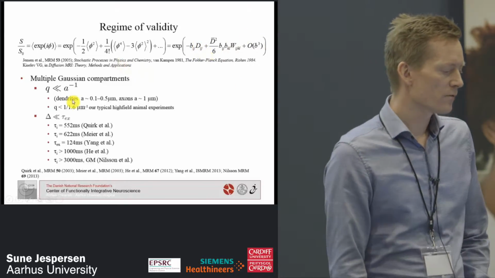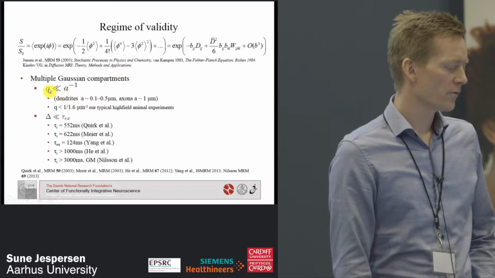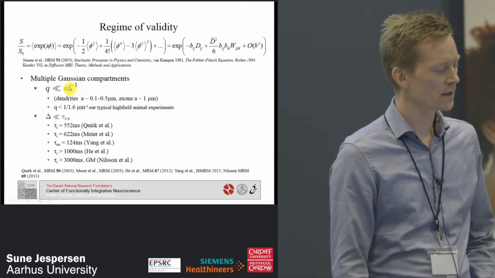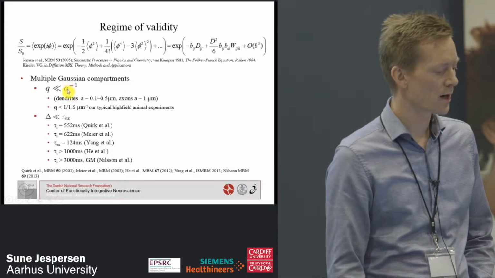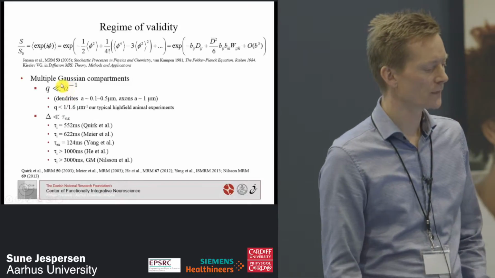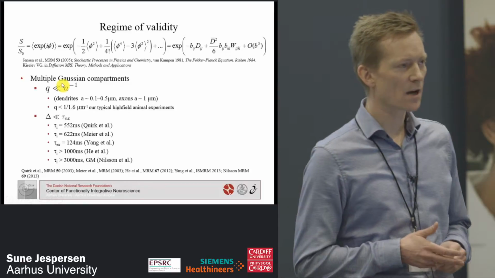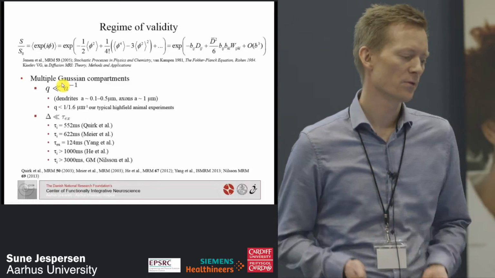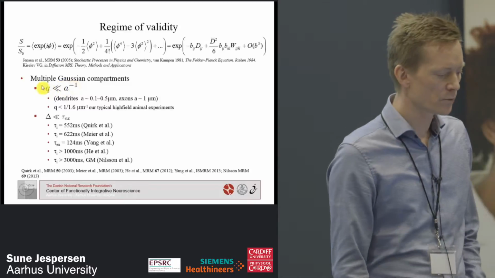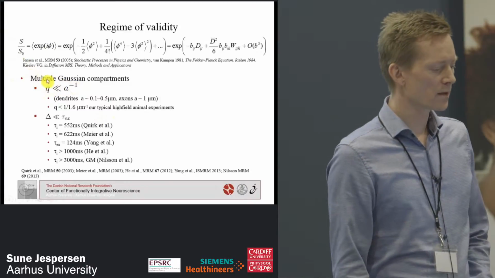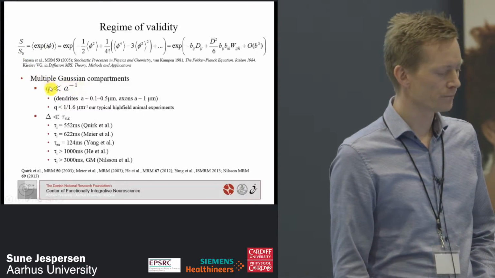So if you analyze this, you find that generally, if the diffusion wave vector is not too large, then it's a good approximation to describe the neurites in terms of Gaussian. So this doesn't actually mean technically that you say that diffusion is Gaussian. It just means that you work in the Gaussian regime. It's still restricted diffusion, but the propagator is actually described by a Gaussian propagator.